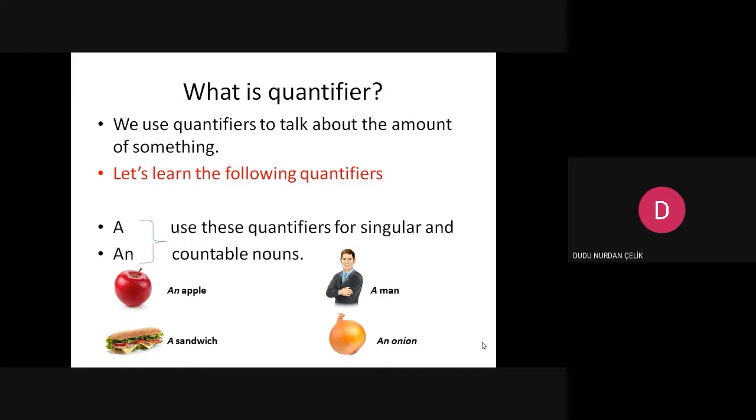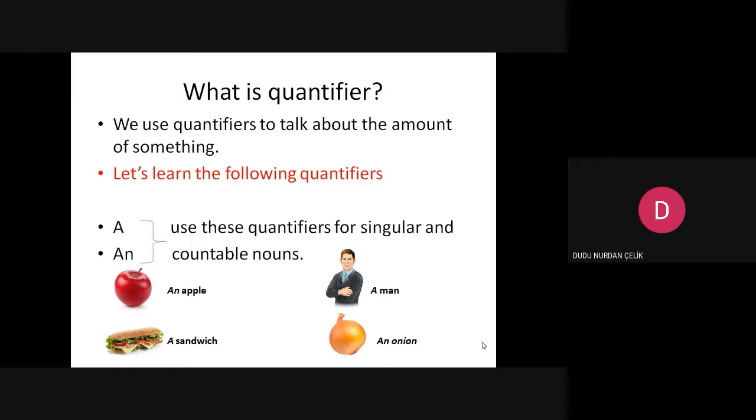The first two quantifiers are A and AN. You have already known these as articles, but today, in this unit, we're going to learn A and AN as quantifiers. A quantifier is used to talk about the quantity of nouns, like the numbers 1, 2, 3: 2 apples, 3 men, an onion, 5 cats, a lot of sugar, some water.